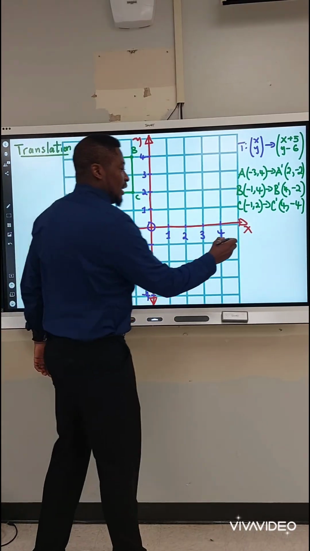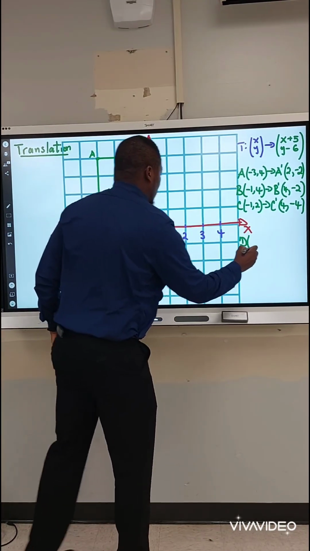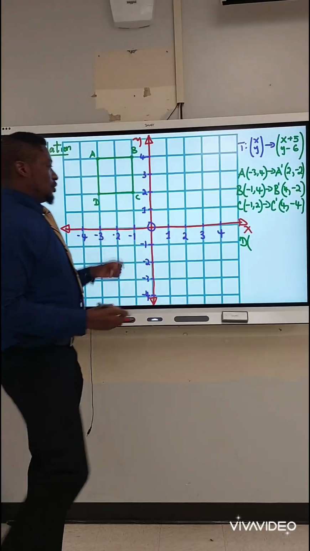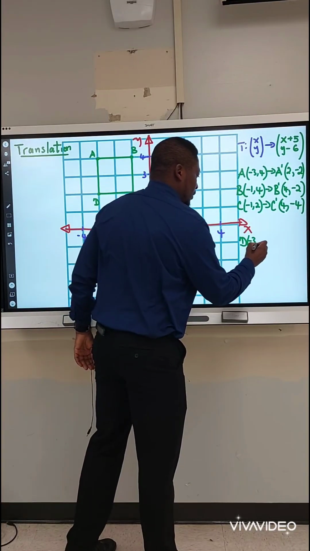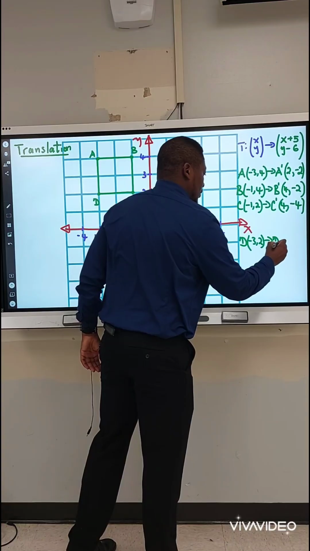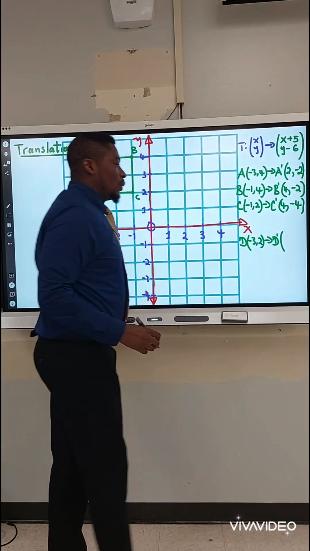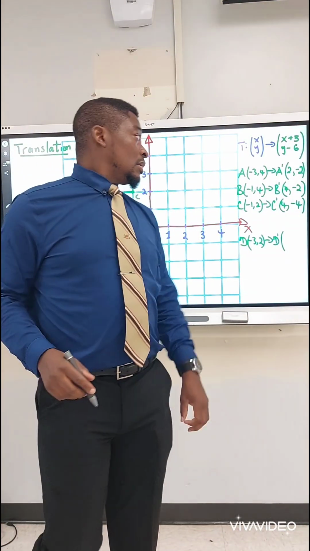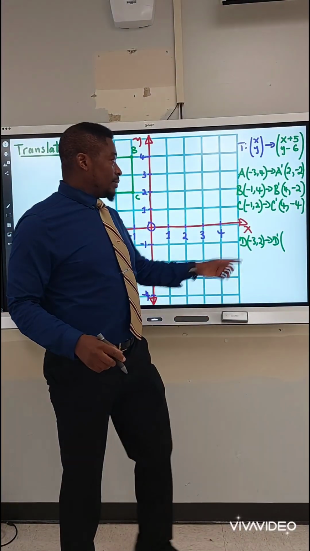The original coordinates of D are -3, 2. Now when I perform the translation, the image of D is identified and denoted with a prime.